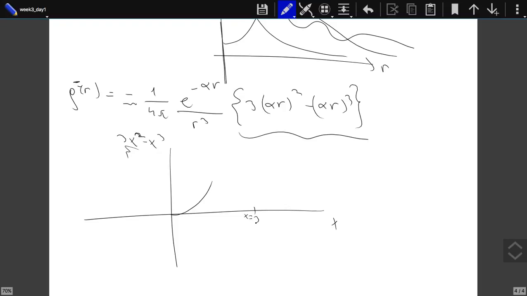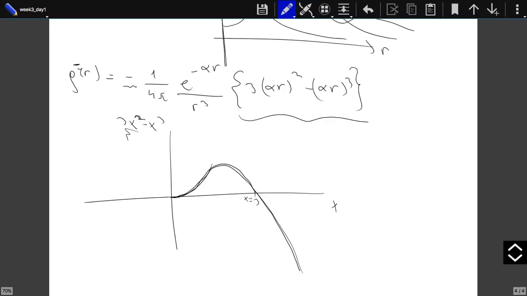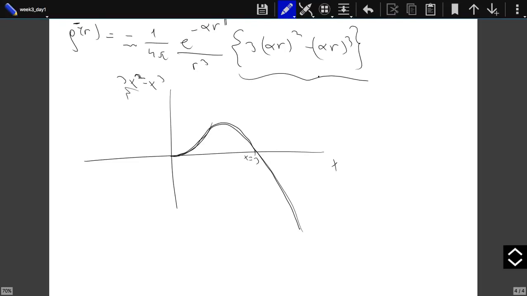For very small x, the dominant term is 3x squared, but as x gets larger and larger, the x cubed term starts to be more dominant. When x is equal to 3, they cancel, and after x equal to 3, the x cubed term will be dominant. So this is the shape of this term over here.